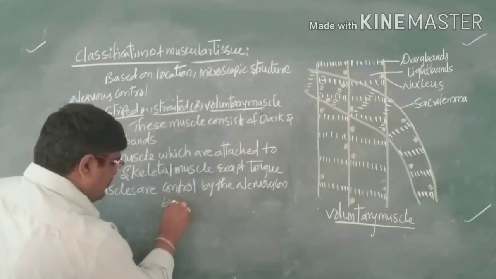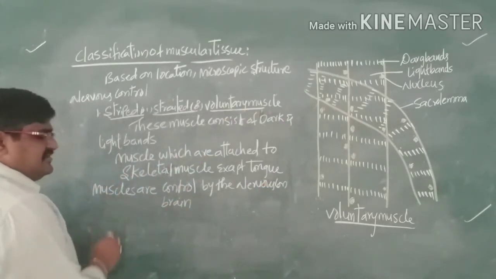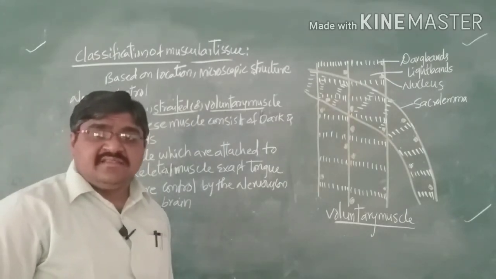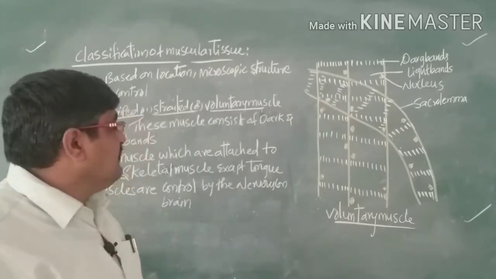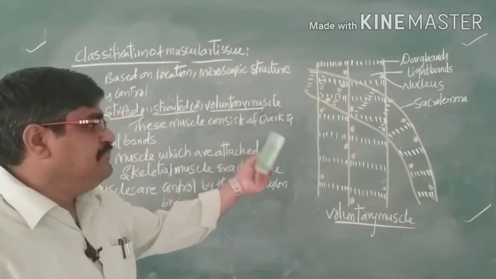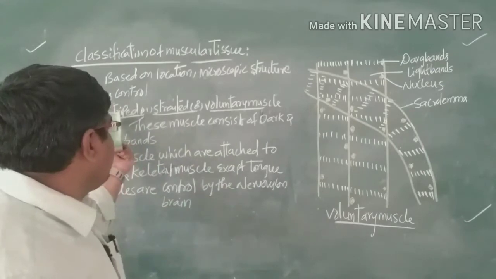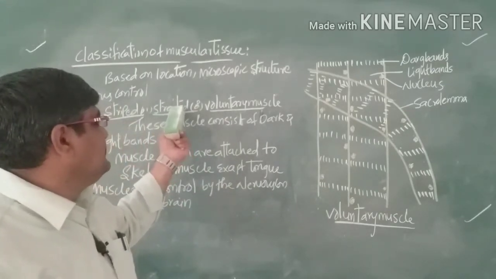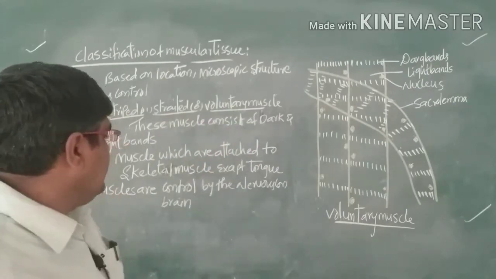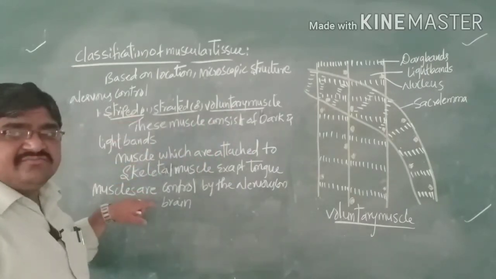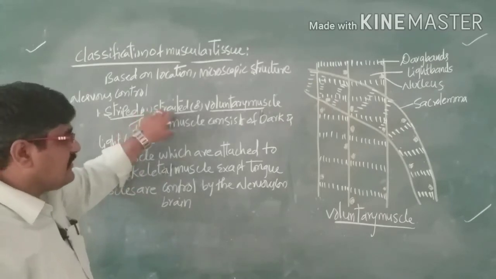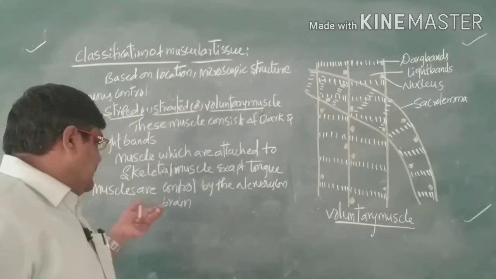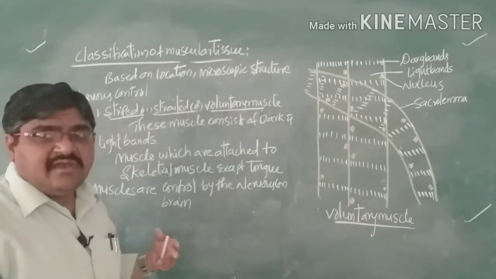Muscles which are under the control of the brain or nervous system, we call voluntary muscles. So these three names, striped, striated, and voluntary, we have already discussed why they are so named. One consists of dark and white bands, another is attached to skeletal muscles except the tongue, and these are under the control of willpower.